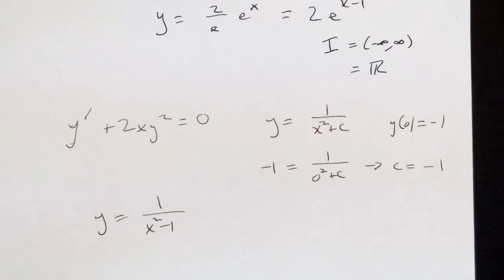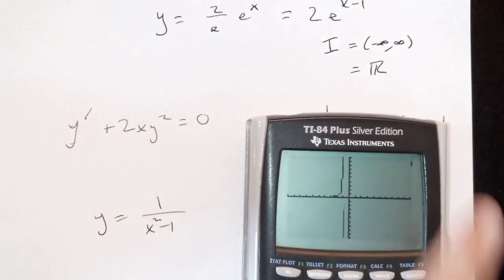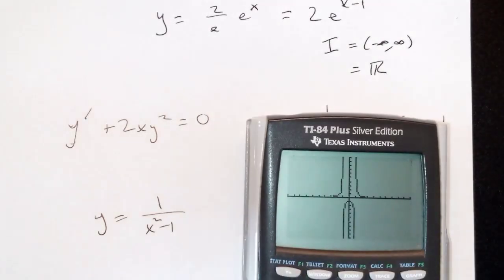And, aha, when I say that my solution should have an interval on which it works, it means I can't hit x equals 1. I can't hit x equals -1.